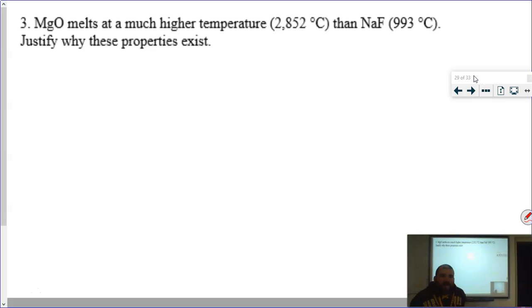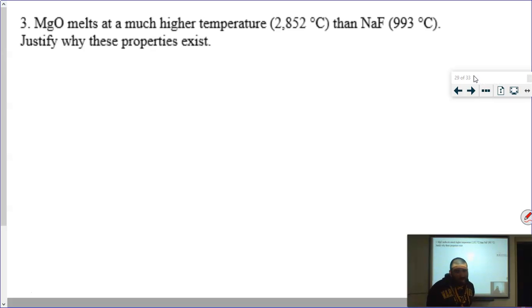Magnesium oxide melts at a much higher temperature than sodium fluoride. Why? Now, this is actually almost the exact same type of question I was asking you last unit. I've just changed how I've phrased it. Last unit, I would ask you which of these has a greater lattice energy, meaning which of these has stronger ionic attractions or stronger ionic bonds.